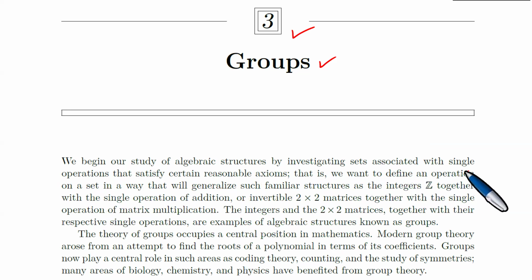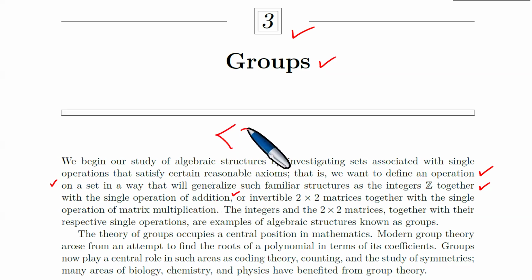This is very important. We define an operation on a set in a way that will generalize such familiar structures as the integers together with the single operation of addition, or invertible 2x2 matrices together with the single operation of matrix multiplication.